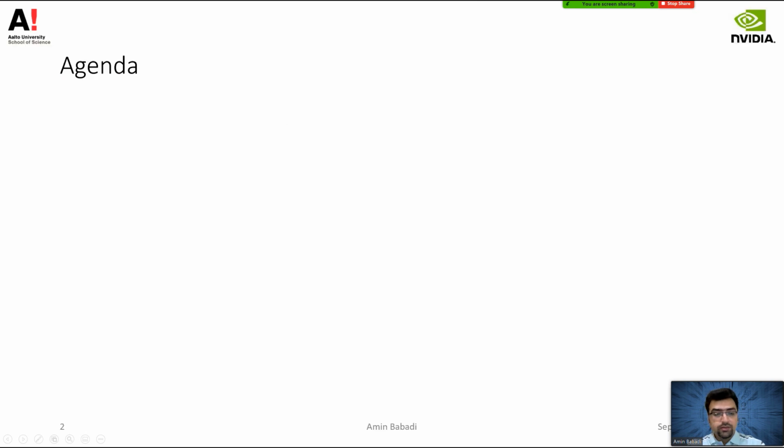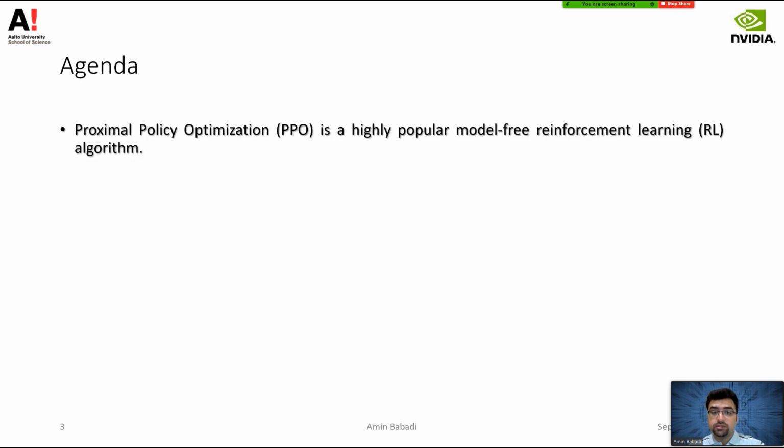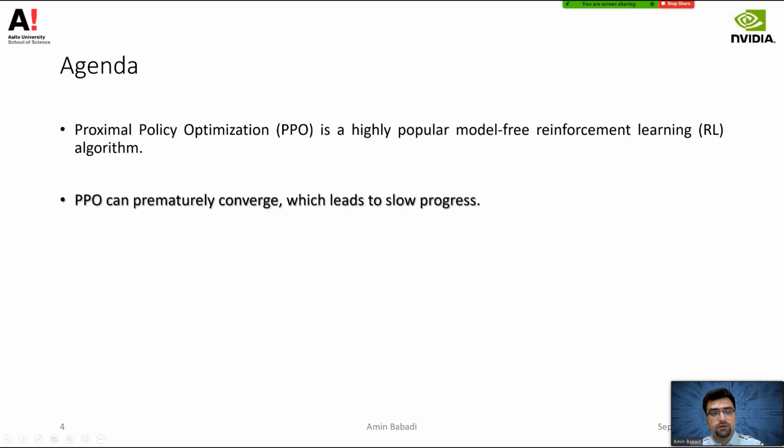In this paper, at first, we studied Proximal Policy Optimization, or PPO, which is one of the most popular and powerful reinforcement learning algorithms. And we then found out that there is actually a caveat to this algorithm, and it's that PPO can prematurely converge, which leads to slow progress.